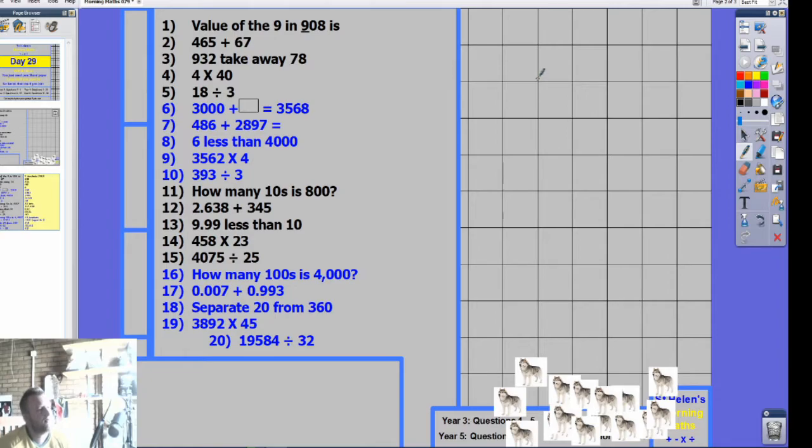Separate 20 from 360. Separate is an interesting one. I might be wrong. I think it's subtract.